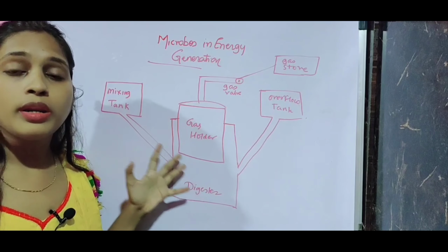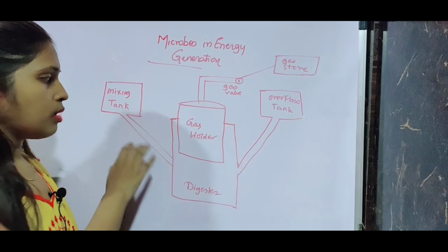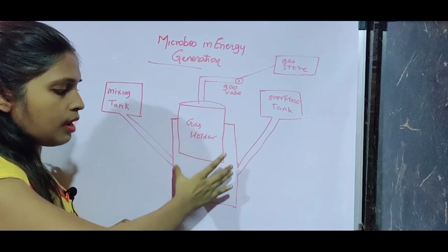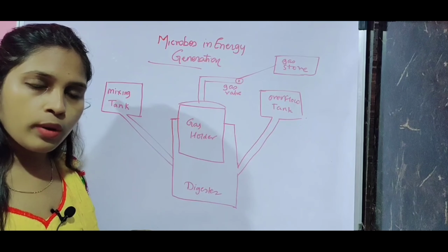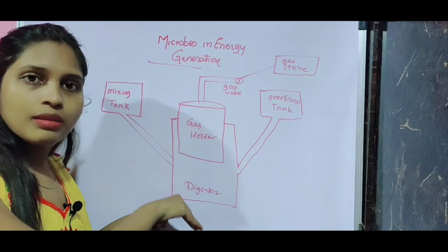Now how is the working done on this biogas plant? The first thing: these two tanks are situated above the ground, and there is a large tank called the digester, which is usually made of brick or concrete, and it is dug inside the ground.